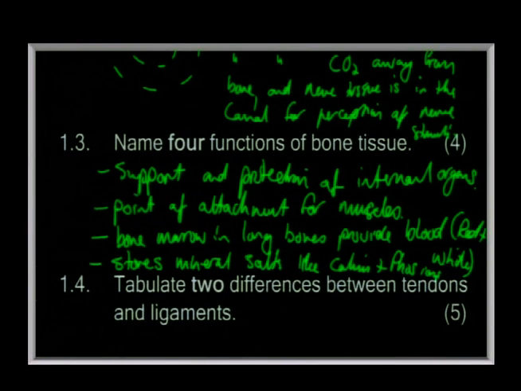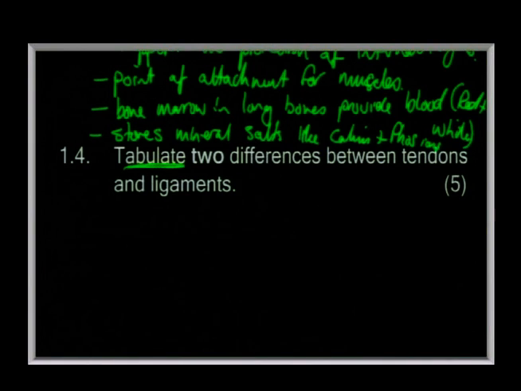Now, they actually ask you here, tabulate 2 differences between tendons and ligaments. Whenever you see a question that says tabulate, it will always have a +1 mark. So you'll tabulate 2 differences, which will give you your 4 marks, and then your +1, which is for the actual writing of the table.